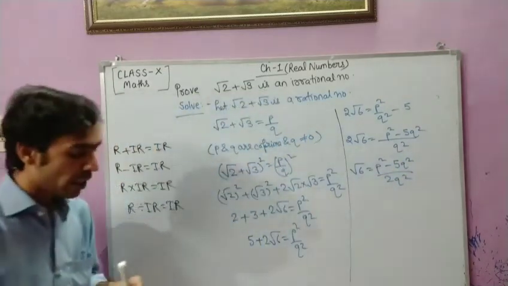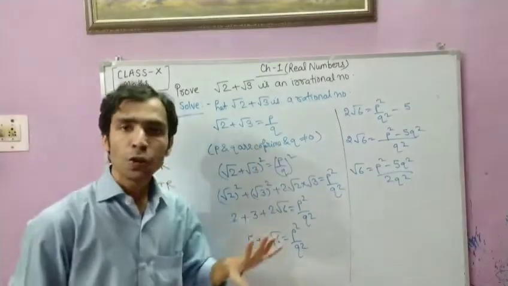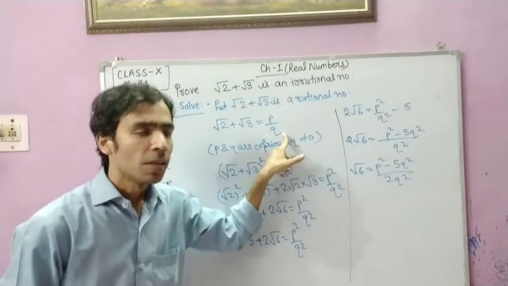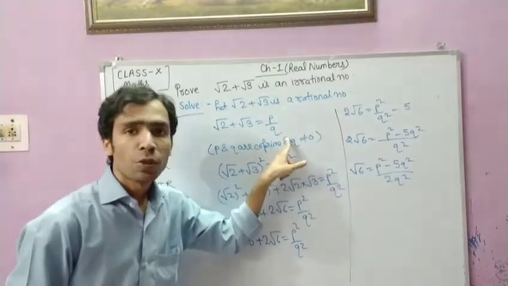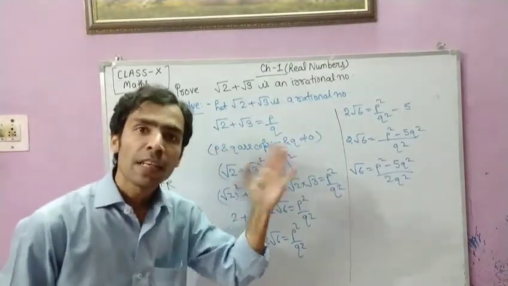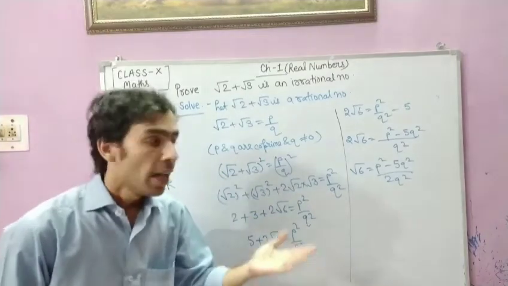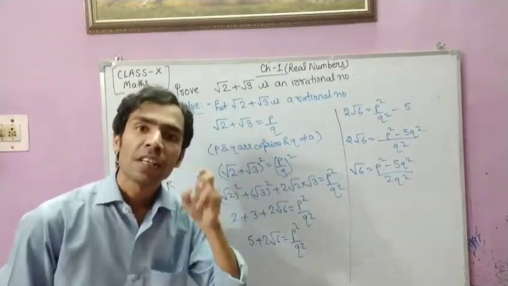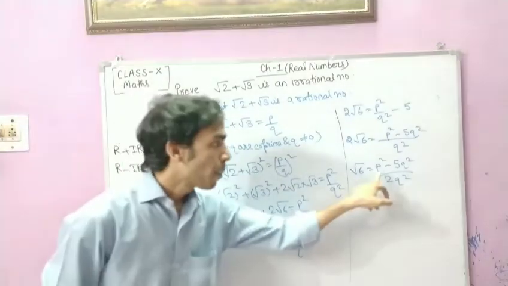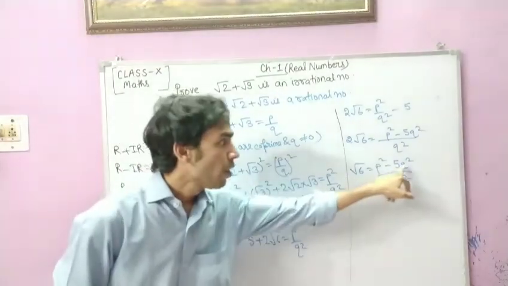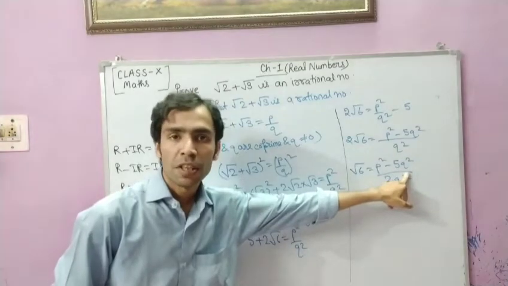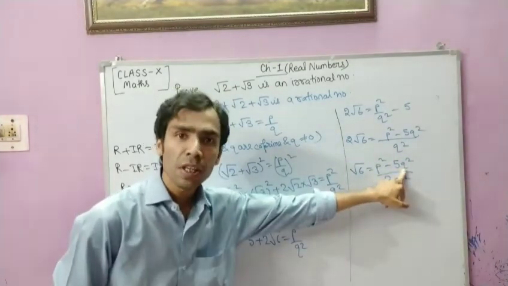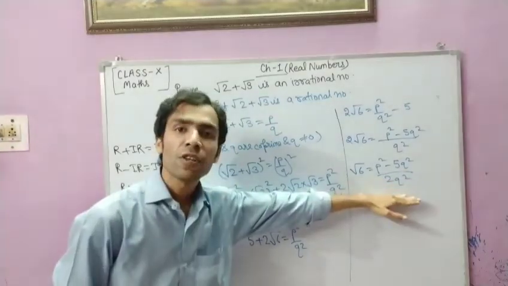Now you can see student, p upon q was co-prime and rational. P is also rational, q is also rational. So the squares of p and q are also rational. And when we subtract rational from rational, we always get a rational number. Means p square is rational, 5q square is rational, the subtraction of rational and rational will also be rational, and the denominator is also rational.